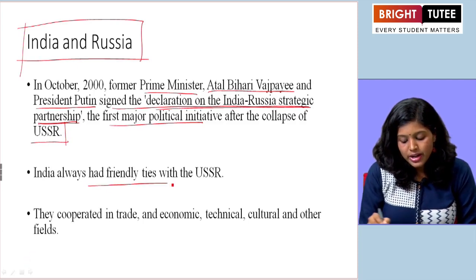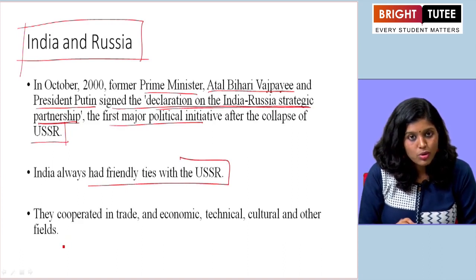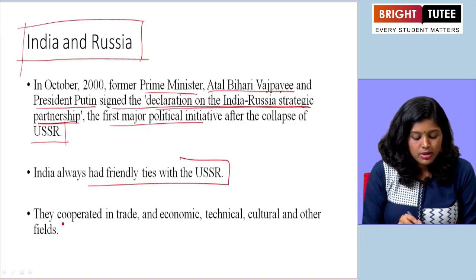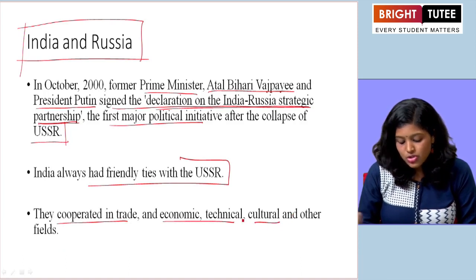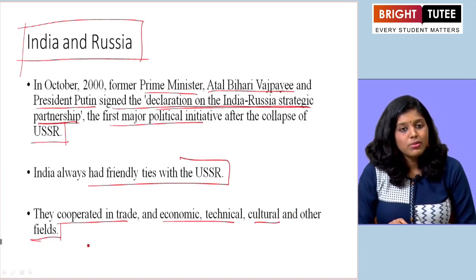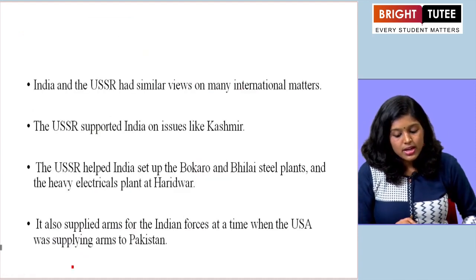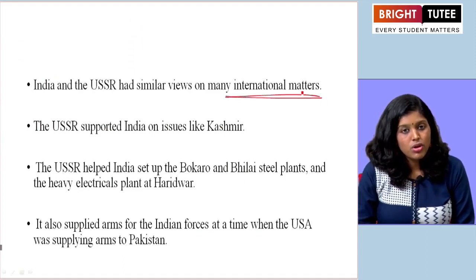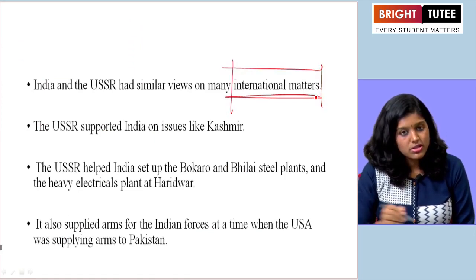India always had friendly ties with the USSR. Before the USSR collapsed in 1991, India had very good ties with it. They cooperated in trade, economic, technical, cultural and other fields, and India and the USSR had similar views on many international matters.